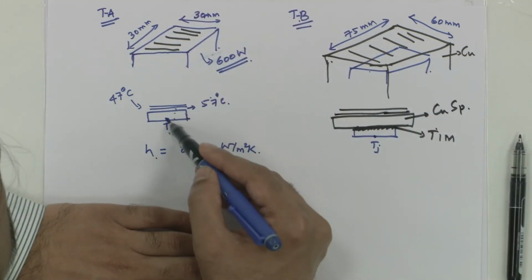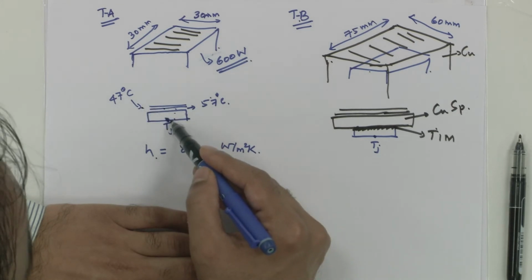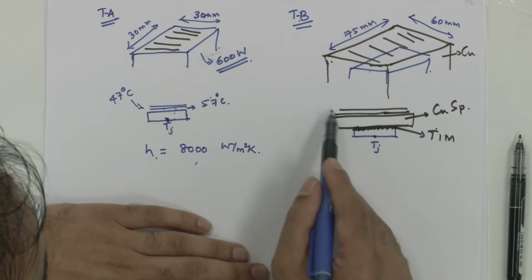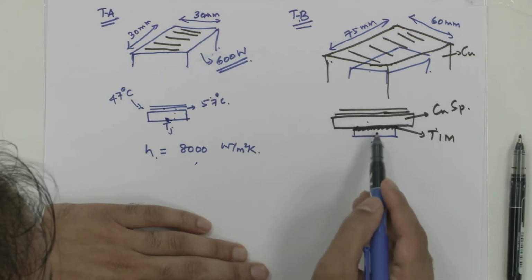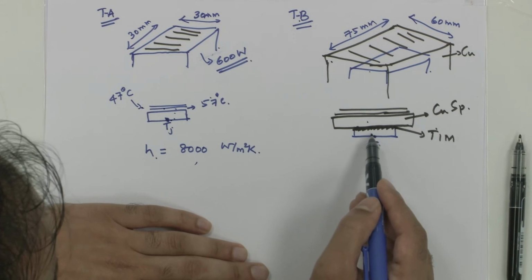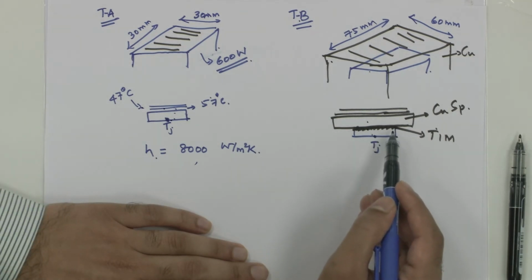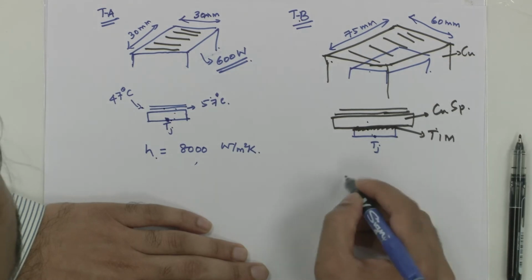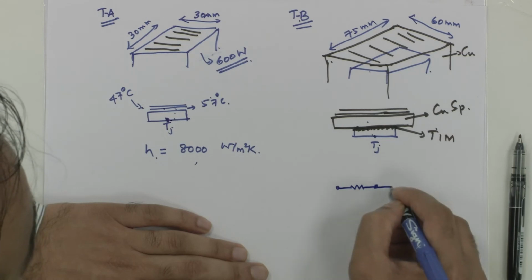So, here the water flowing on the silicon directly carries the heat away. Here the water flowing on the copper has to make the copper is in contact with silicon device, and there is a thermal interface material to reduce contact resistance between. So here there are two additional resistances compared to case number 1.